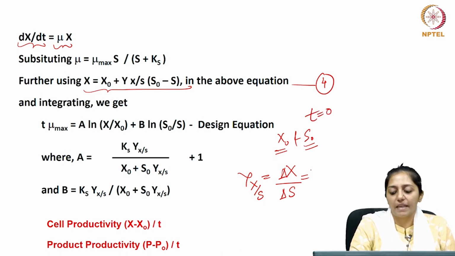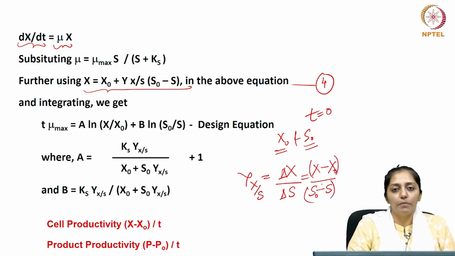So, Y x by s can therefore be written as, if X is the final concentration, then Y x by s is given, for a batch, as a fraction of X minus X naught by S naught minus S, which is the amount of biomass produced in the batch fermentation per unit of substrate consumed.